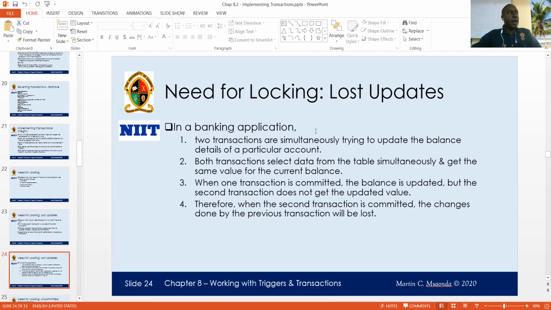So when the transaction started, it observed that my balance was 250 kwacha. But because the first payment has been committed first, my balance has changed to 750 kwacha.